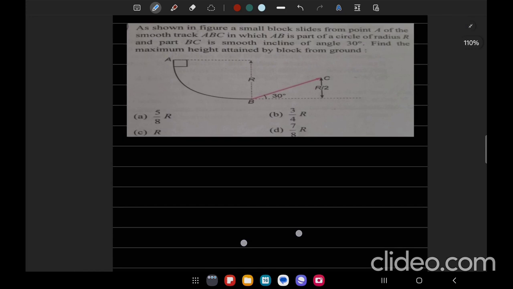So we saw that at A, the energy will be the potential energy.